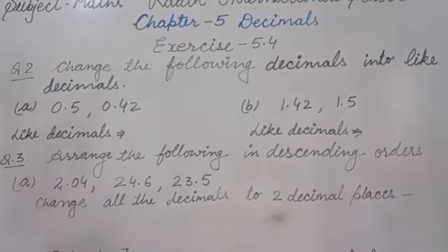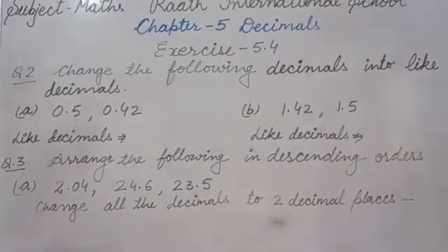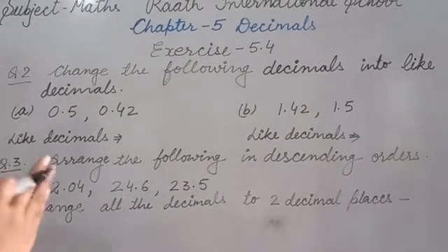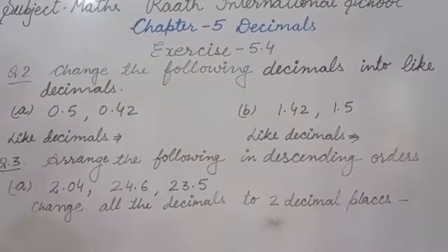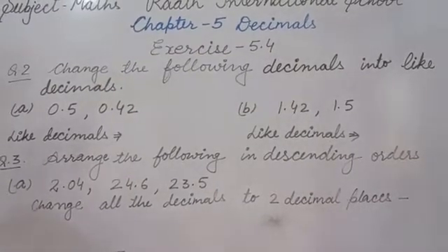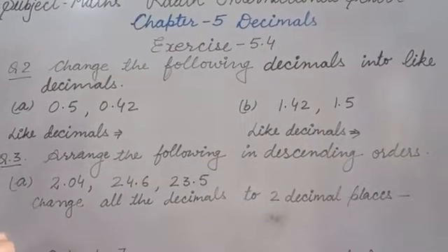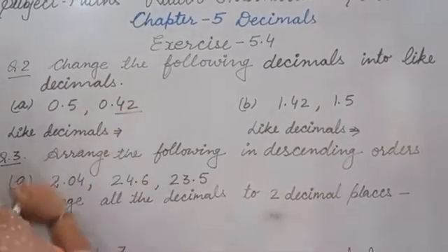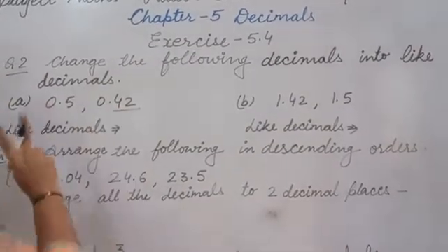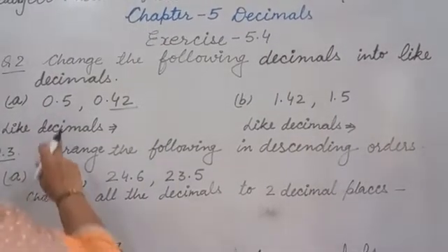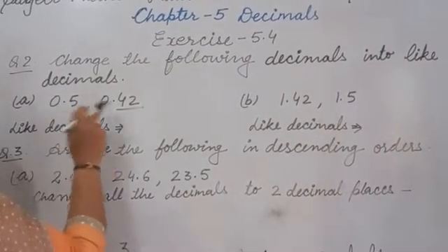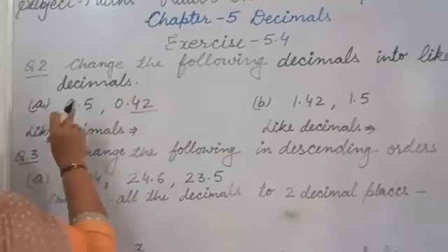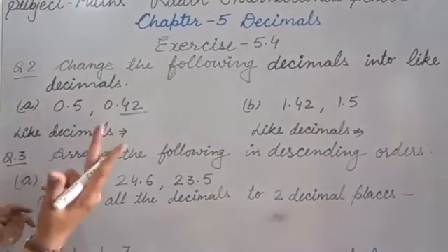So as I told you, whenever we convert into like decimals, we will see the highest decimal place: in which number the highest decimal place is and how many places are there. So you will see that there are 2 decimal places. That means in both numbers we should make 2 decimal places. In the first number we have 1 decimal place and in the second 2 decimal places. So there also we should make 2 decimal places.